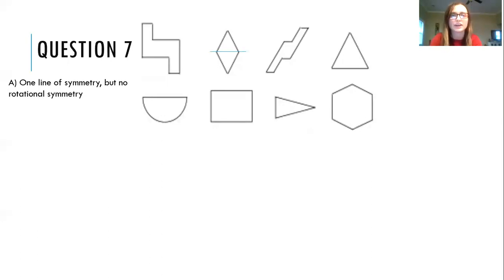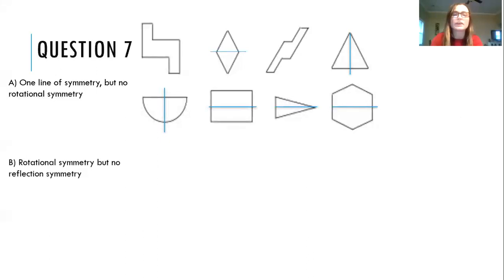The next shape that has one line of symmetry is the triangle, for the same reason the diamond has one line of symmetry. It can be folded over the line and it will match exactly. The half circle also has one line of symmetry. The rectangle, this triangle, and the hexagon.